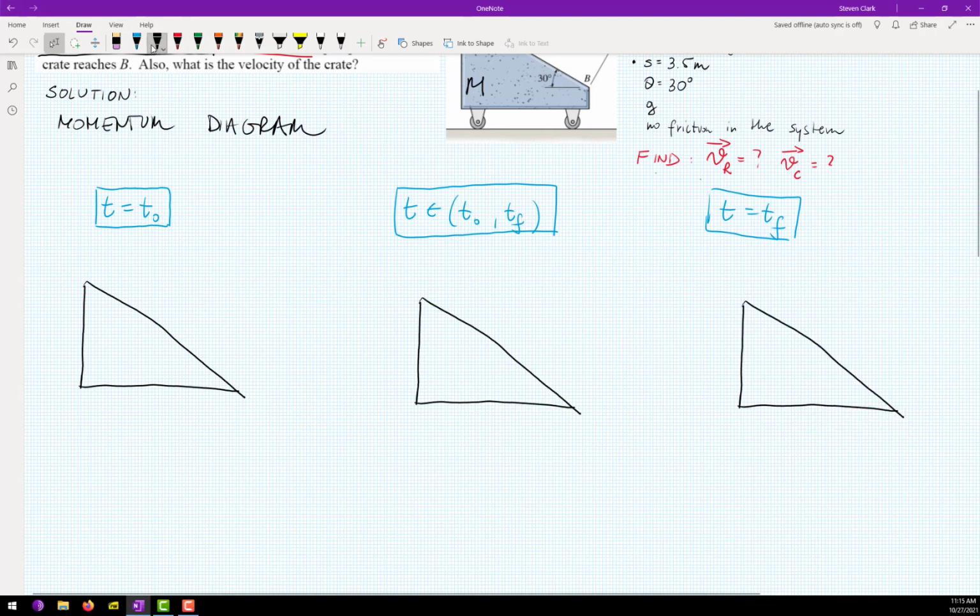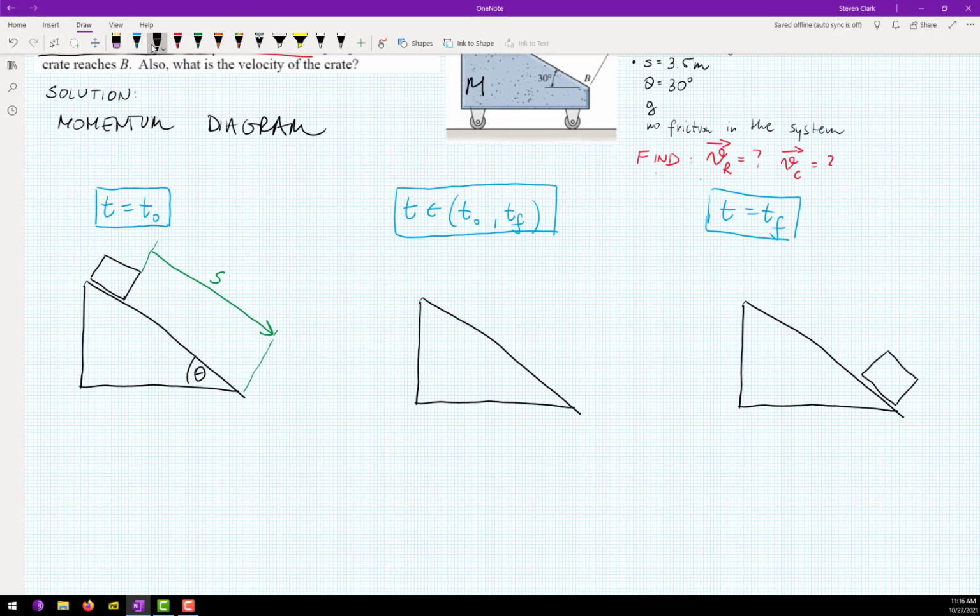So at time instant 0, our crate is here, right? And at time instant final, our crate will be here. So you can clearly see that the ramp traveled this distance, that 3.5 meters, yes? I'm going to call it S.